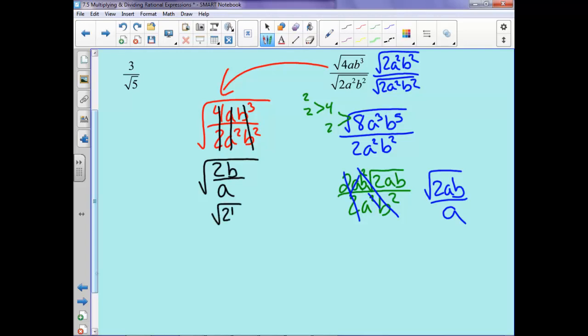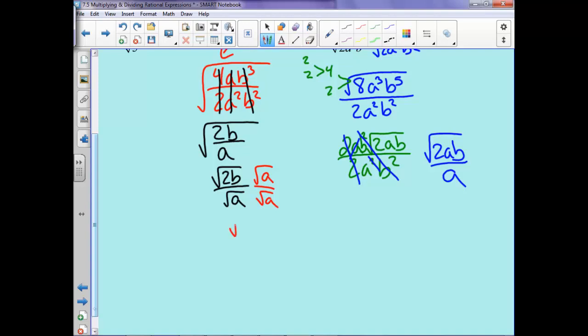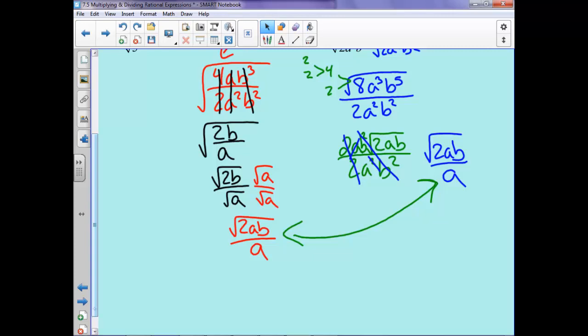So we can rewrite this as root 2b over root a. But now we still need to rationalize this, because we can't have a root in our denominator. And so now our numerator is root 2ab all over a. And notice these are the same thing. So it doesn't matter which way you do it.